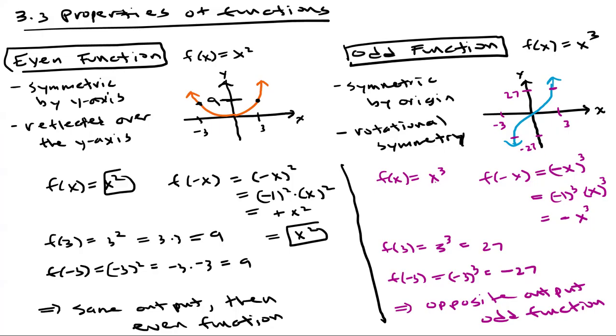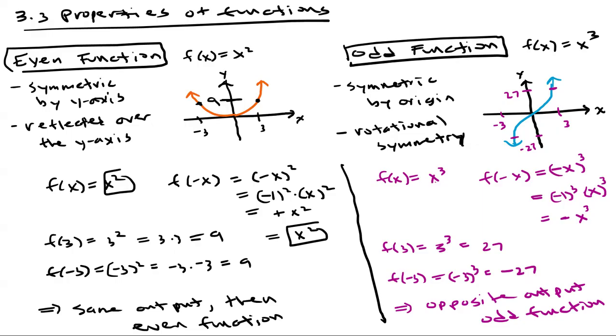Now, you can say, well, it's x to the third, that's an odd number, so that's an odd function. It's x squared, that's an even function. It's true, you're correct. However, what if there's other terms added to it, right? X to the third plus x squared plus 1, x plus 1. Is it even or odd?